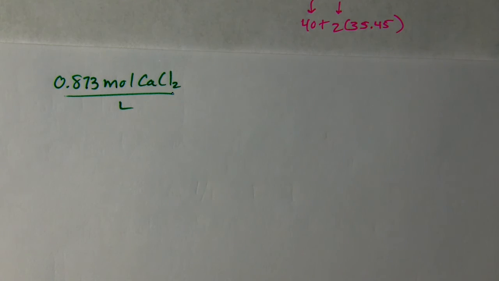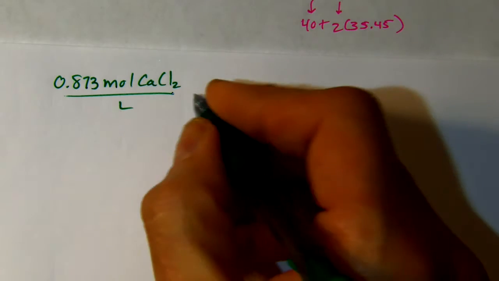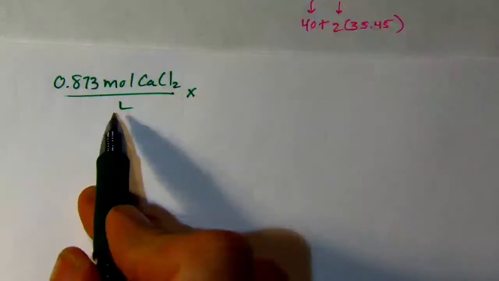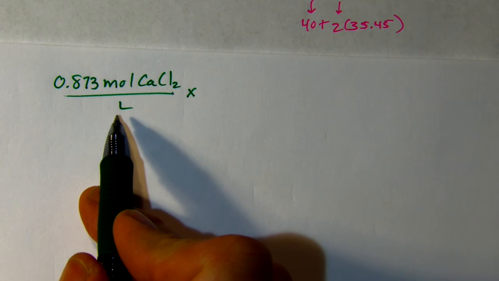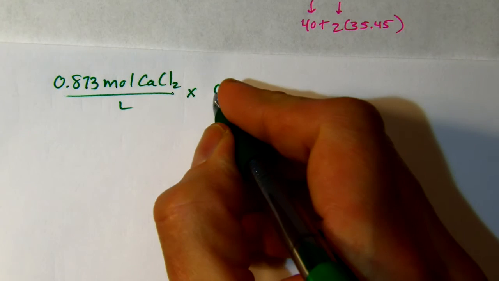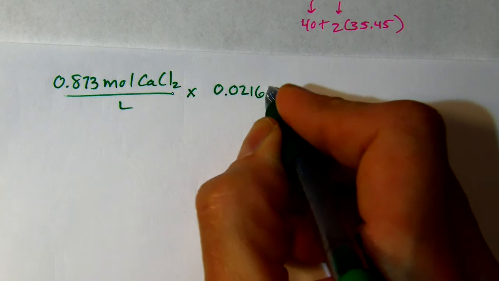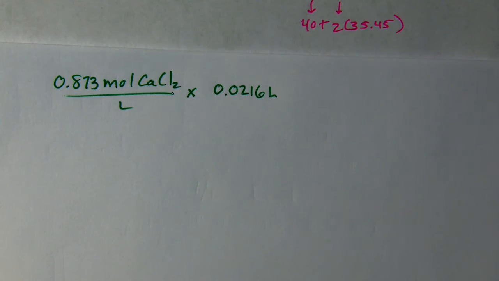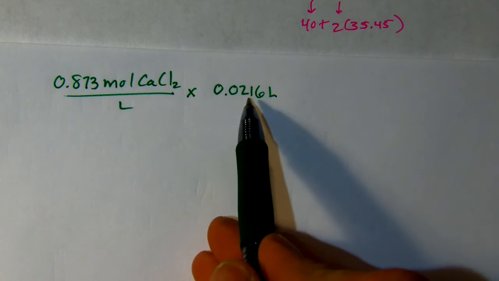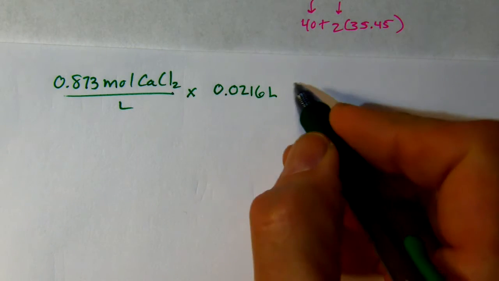Okay, I'll let you catch up. Watch this. You're canceling out the liters. That's really what you're doing. 21.6 mLs is 0.0216 liters. Right? So this is like 2.1% of this. It's going to be small.